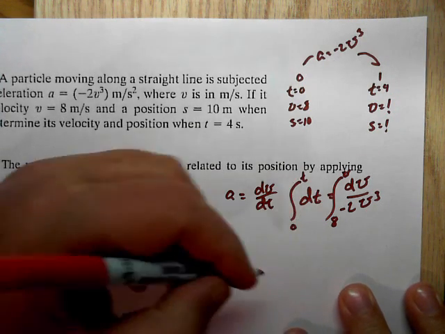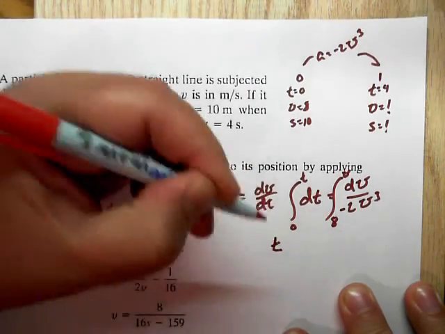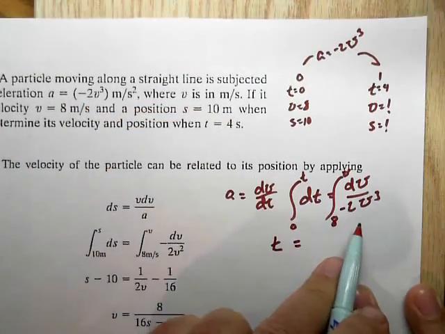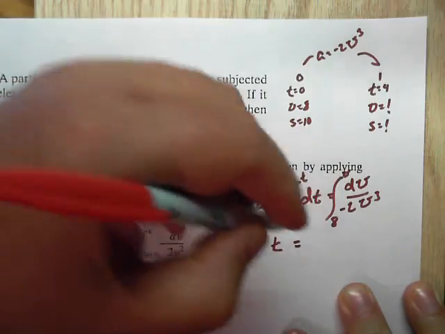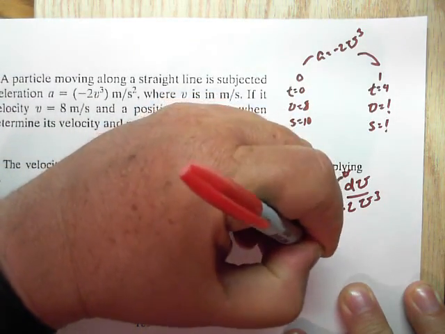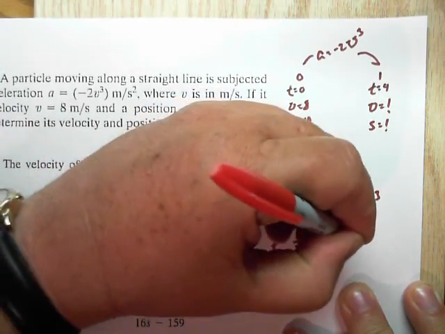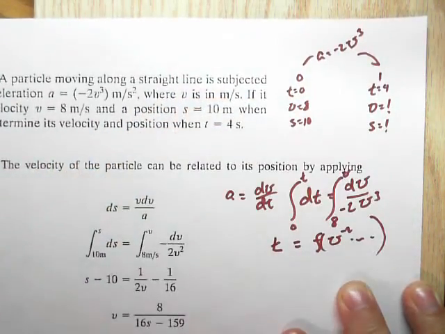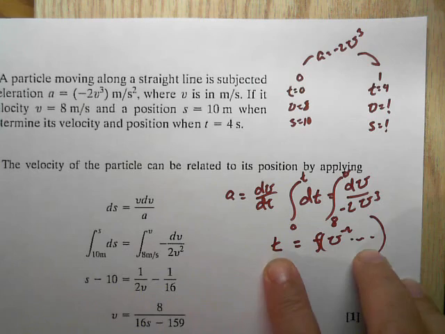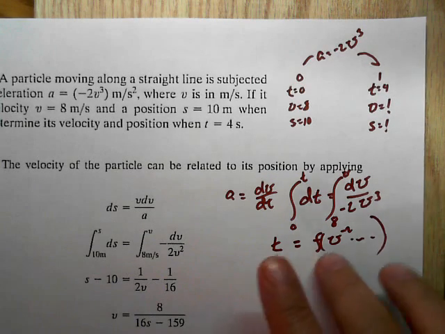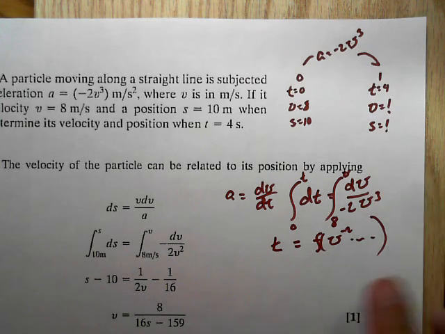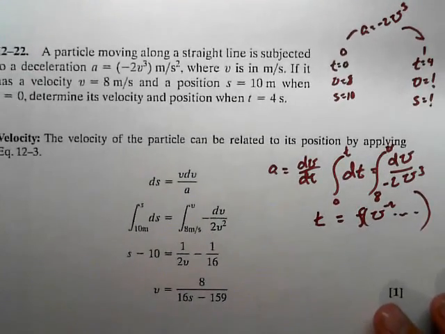And what this left-hand side would give us is t is equal, and then this would give us a function of v, basically a function of v to the minus 2 power, is the kind of thing that we would get. Then we can proceed ahead by inverting this and getting v of t, and then integrate again to get position. Let's look at how the author did it.